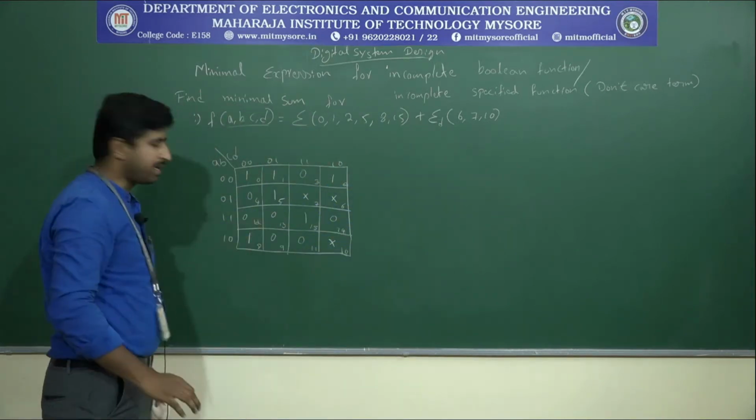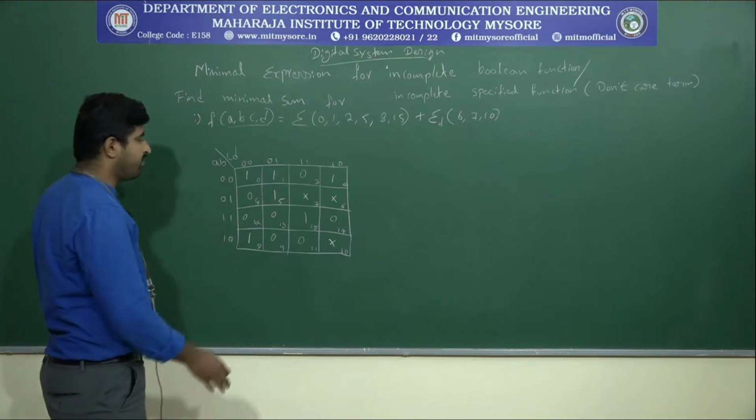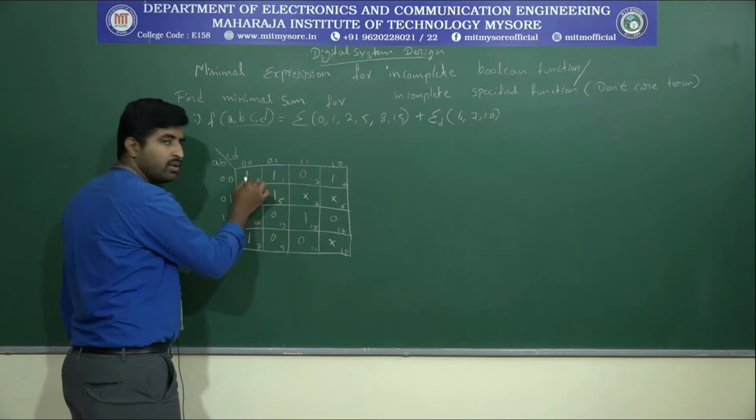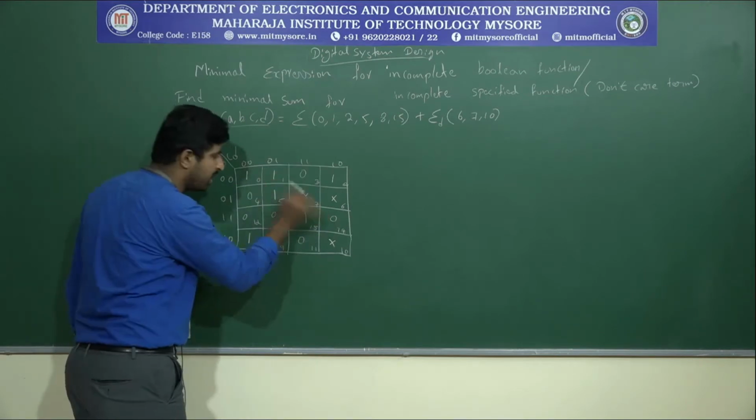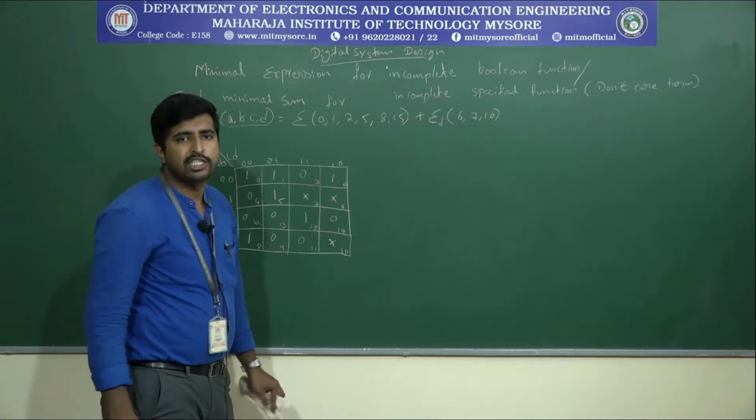Now that we have completed the K map, next we need to group it. Instead of grouping only the logic 1s, we can also include the don't care terms, if possible, to make a larger group.